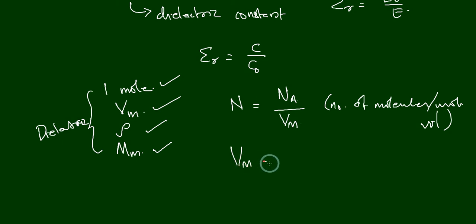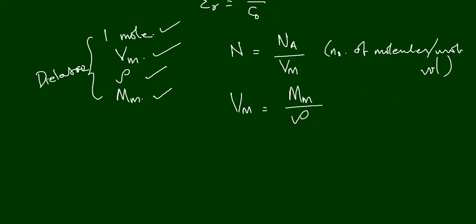And Vm, the molar volume, is equal to m, the molar mass, divided by density, right? Molar mass divided by density, because mass divided by density: density is mass by volume, so mass by density is equal to volume. That is why Vm is equal to molar mass divided by density.